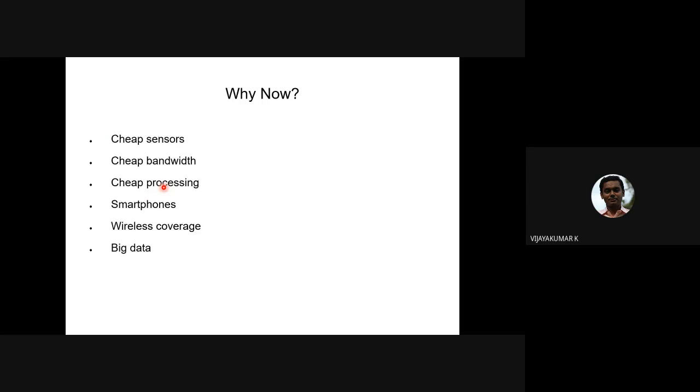Why are we going for IoT devices? Nowadays we are getting cheap sensors. The sensor cost has also reduced drastically.